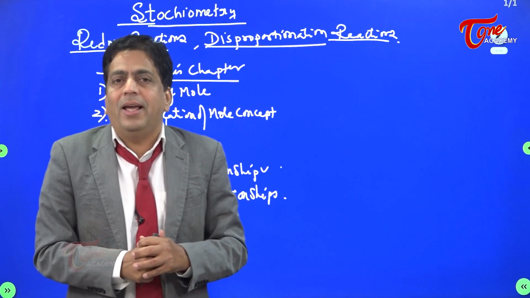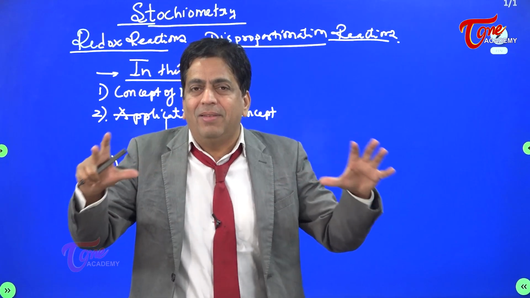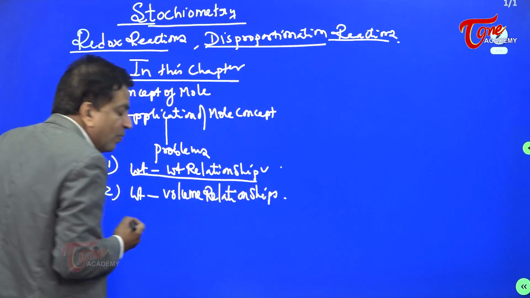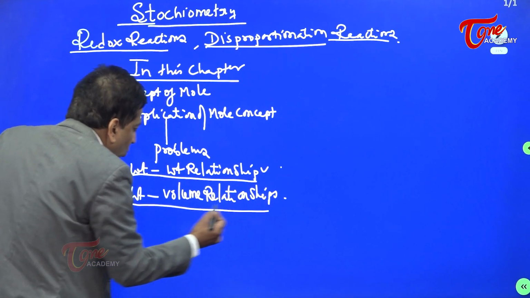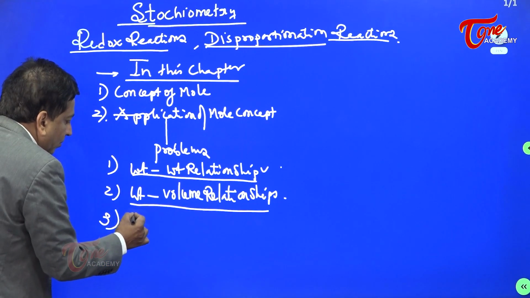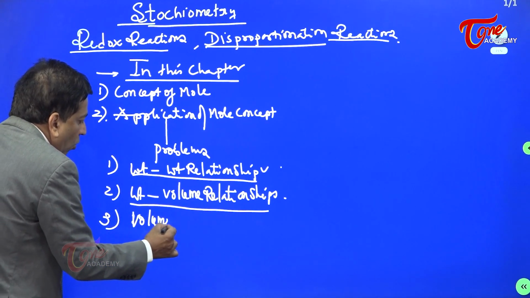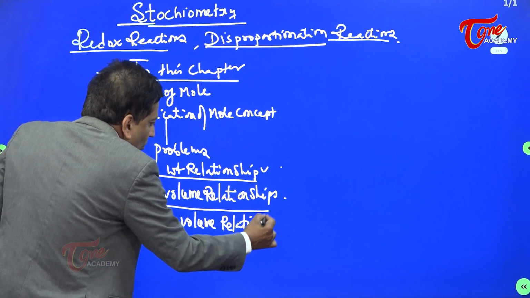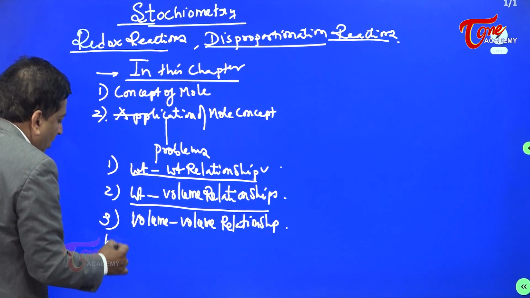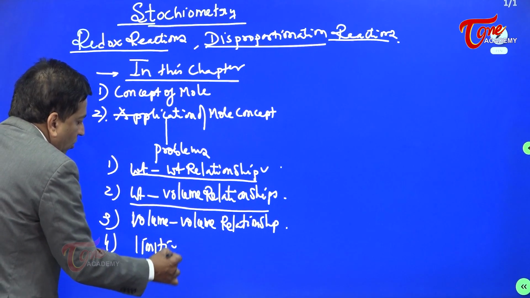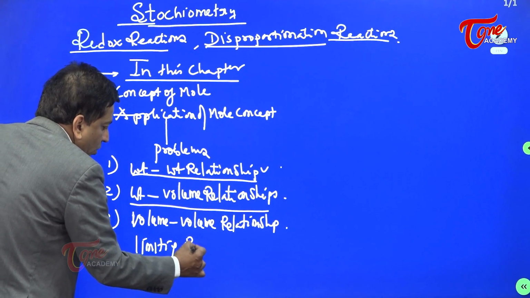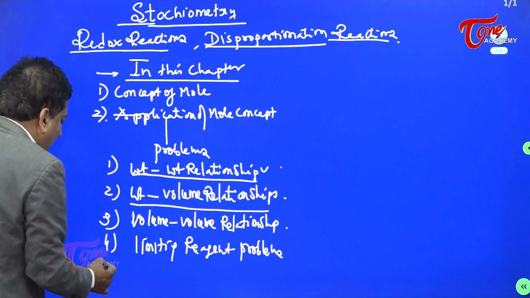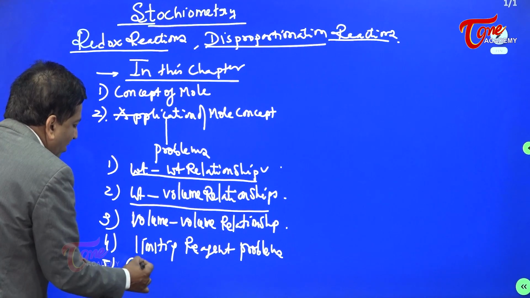When you do that, I can broadly classify the problems into weight-weight relationship problems, weight-volume relationship problems, and even volume-volume relationship problems, and sometimes we use limiting reagent problems. Right, and I can simply say the fifth one is the concept-based problem.